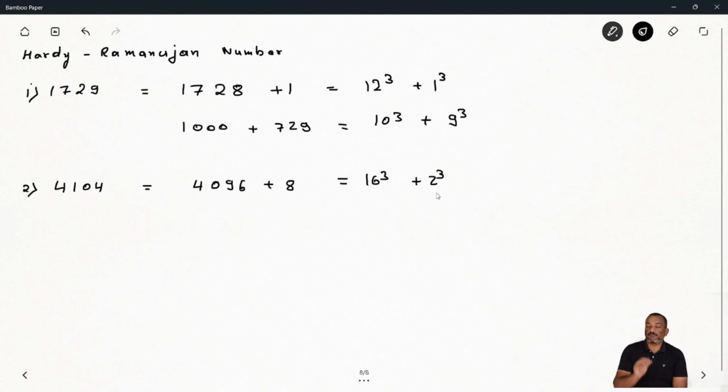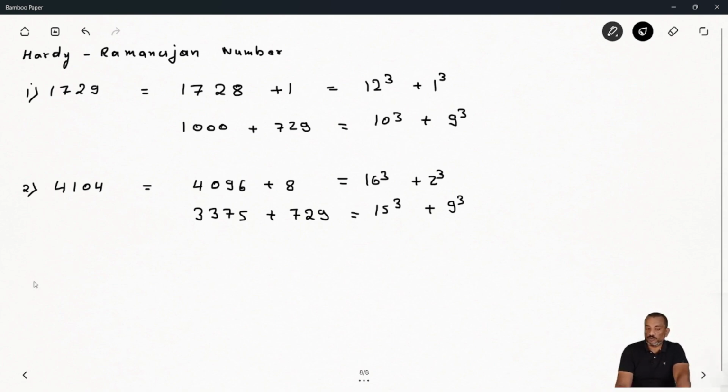So 4104 is 16 cube plus 2 cube. Another way is 3375 plus 729. 3375 is the perfect cube of 15 and 729 is the perfect cube of 9. So these are called Hardy-Ramanujan numbers. I'm giving you one question.